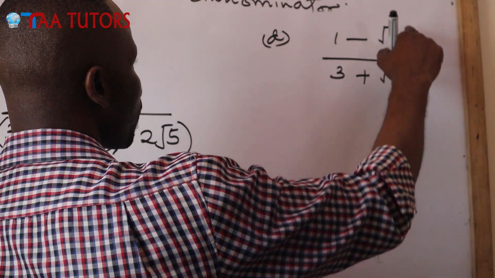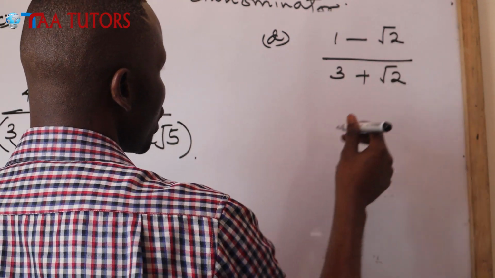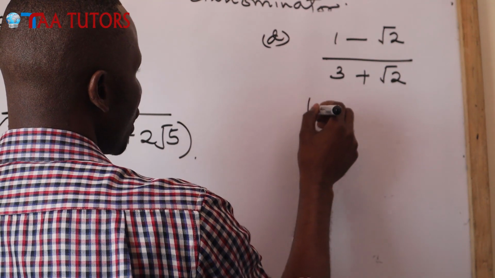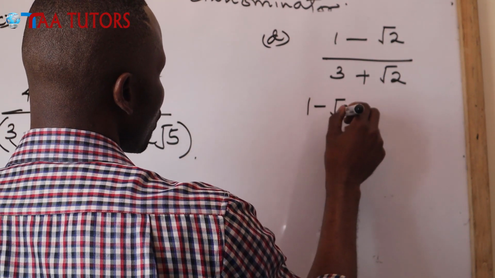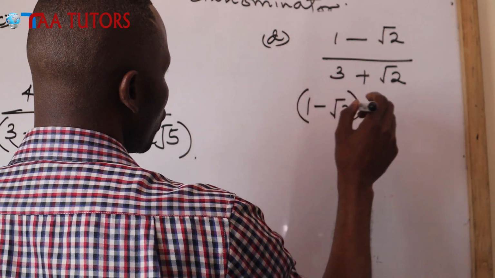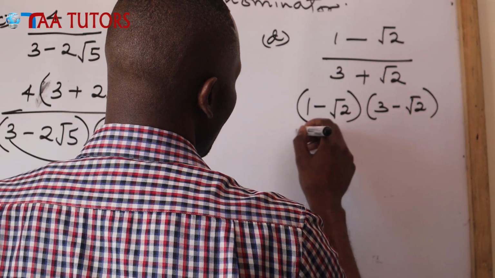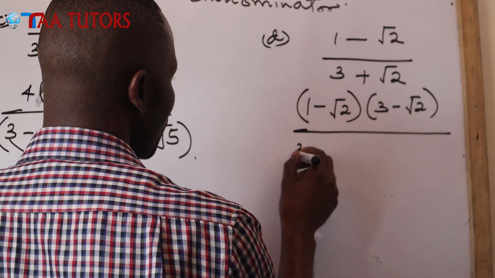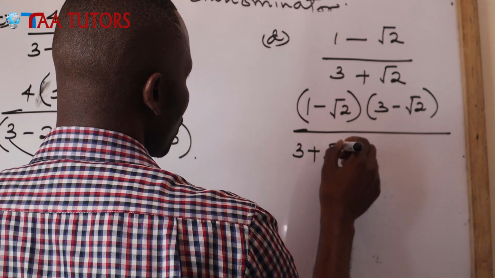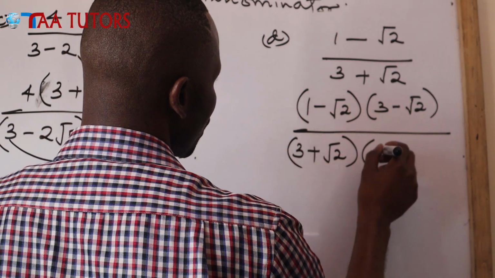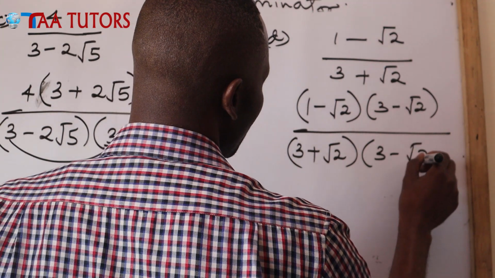That 3 minus surd 2 multiplies the numerator and also multiplies the denominator. So we'll get 1 minus surd 2 times the conjugate, which is 3 minus surd 2, divided by, we again do the same, 3 plus surd 2 multiplied by the conjugate, which is 3 minus surd 2.